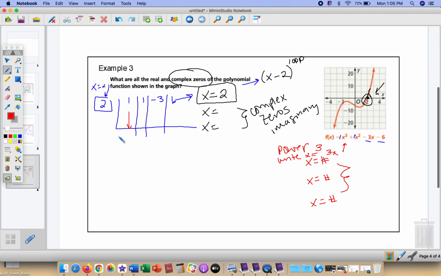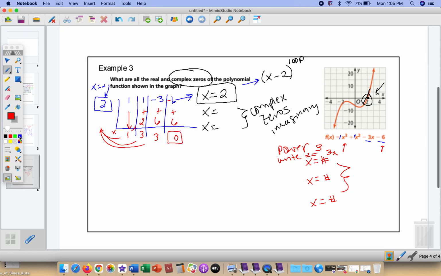So 1 drops down, we have 1, we multiply 1 times 2, 2 plus 1 is 3, 3 times 2 is 6, 6 minus 3 is 3, 3 times 2 is 6, and this was supposed to be negative 6, right? We add, we get 0.